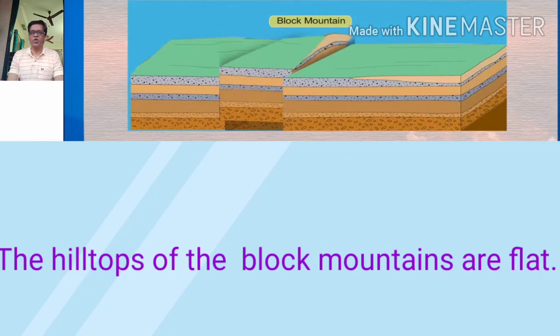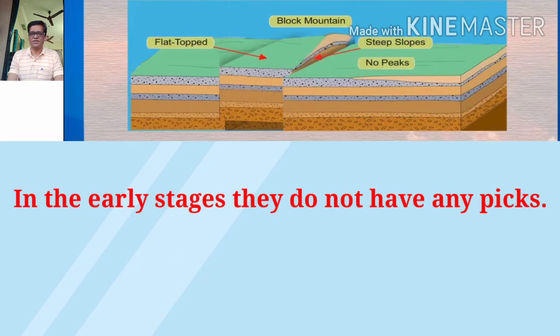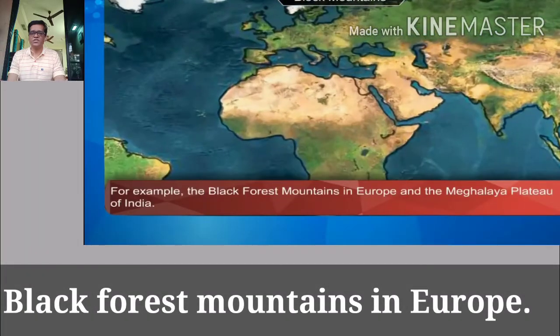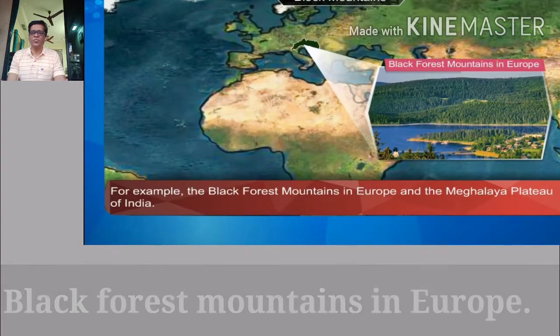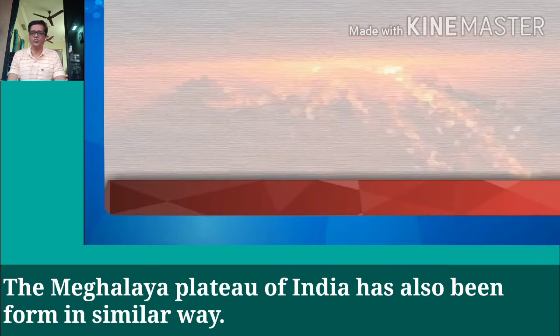The hilltops of block mountains are flat in the early stages. They do not have any peaks. Their slopes are steep. For example, Black Forest Mountains in Europe; the Meghalaya Plateau of India has also been formed in a similar way.